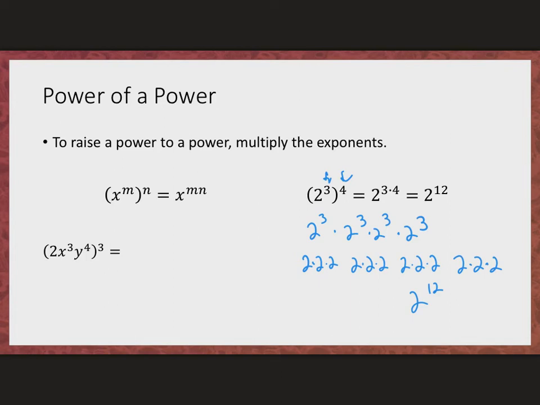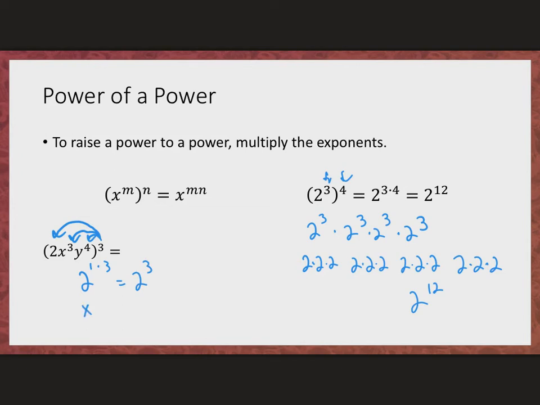Now let's do this with a mix between variables and numbers and multiple parts to the term. So we have 2, x to the third, y to the fourth, all to the third power. And I'm going to distribute this 3 to be multiplied by each of the exponents. So the first one, 2 to the first times 3 is just 2 to the third.